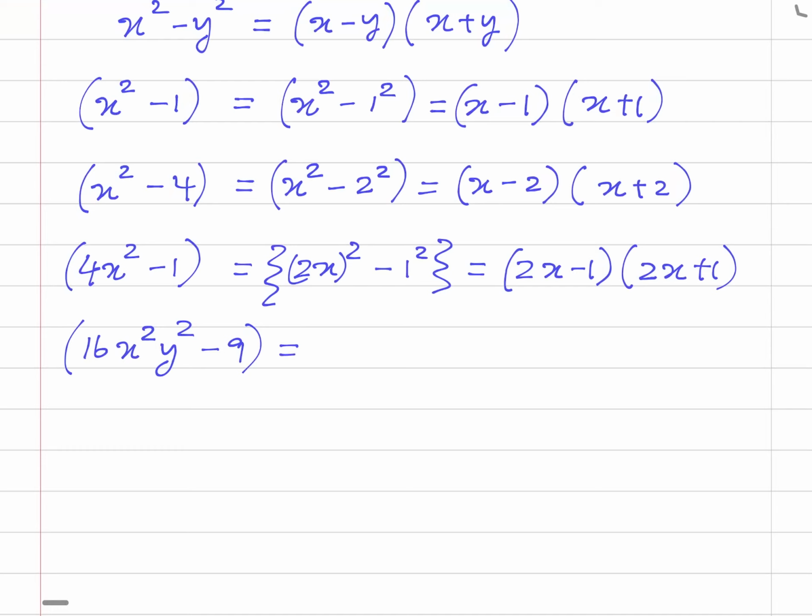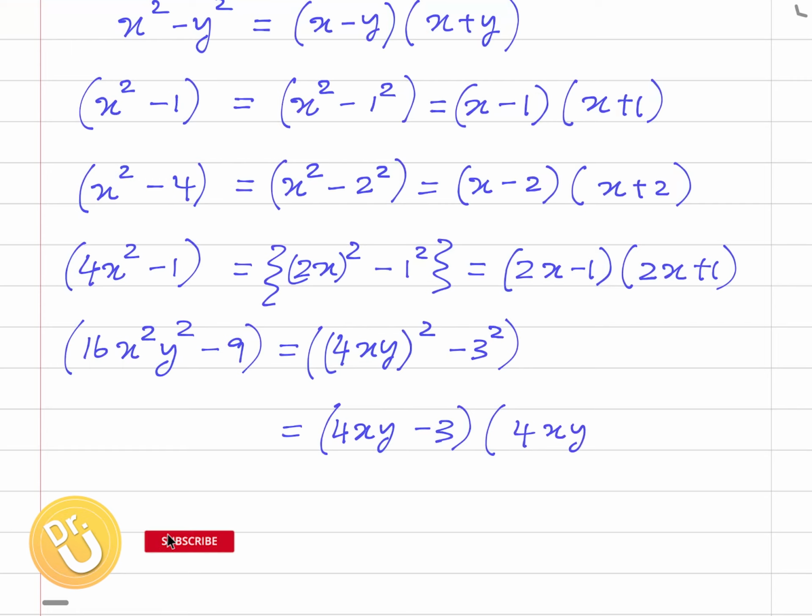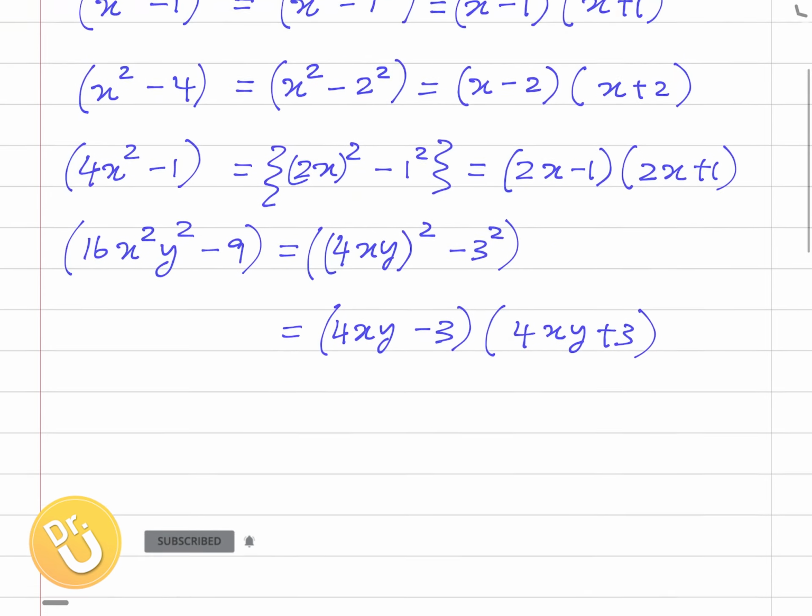Now we follow the same structure, which is (4xy) squared minus 3 squared, and that can be written as (4xy minus 3) and (4xy plus 3).